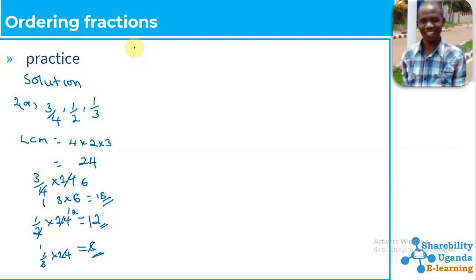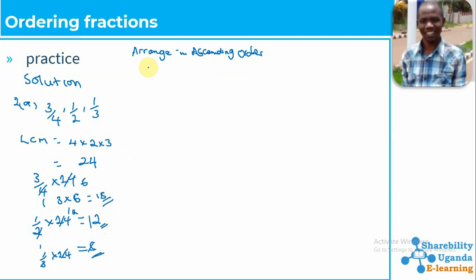So now here we can say arranging in ascending order. When you arrange this in ascending order, from the smallest to the biggest, we look out for the smallest. We have our 8, we have 12 and 18.